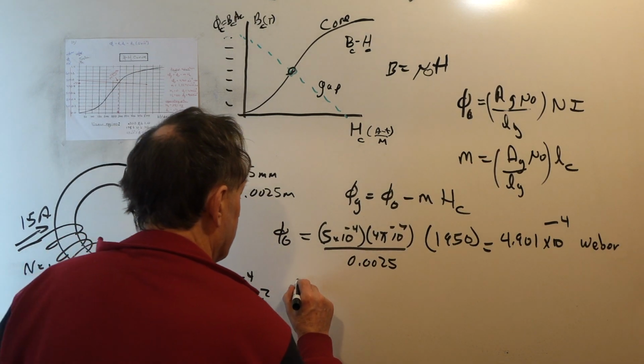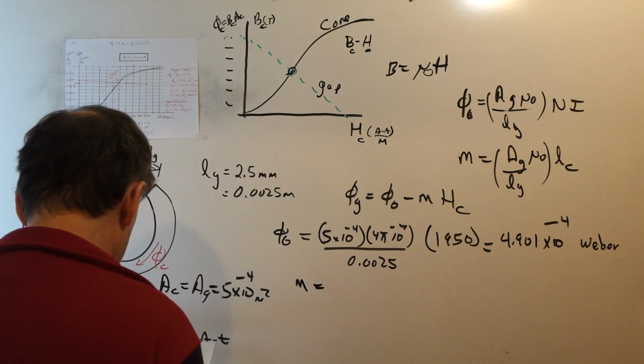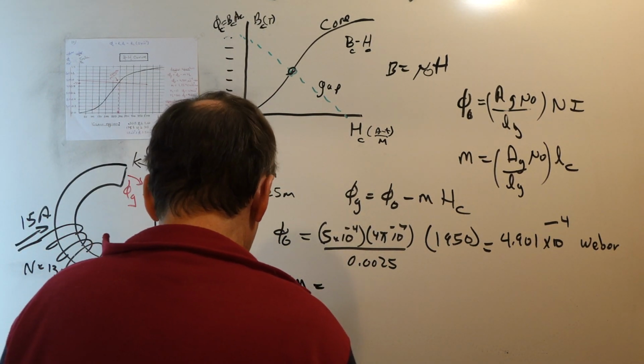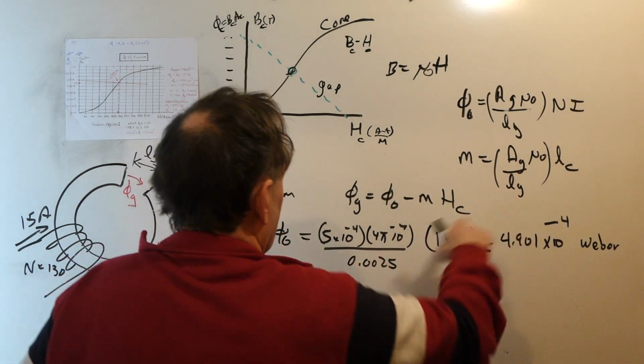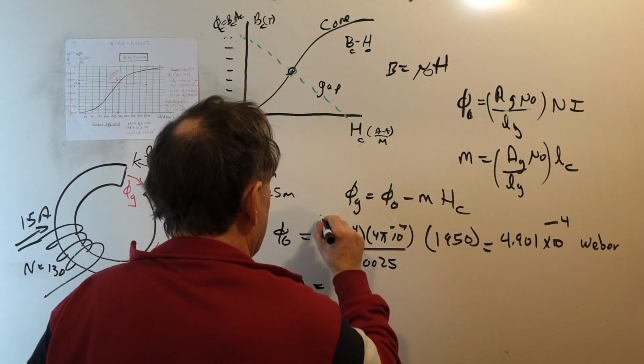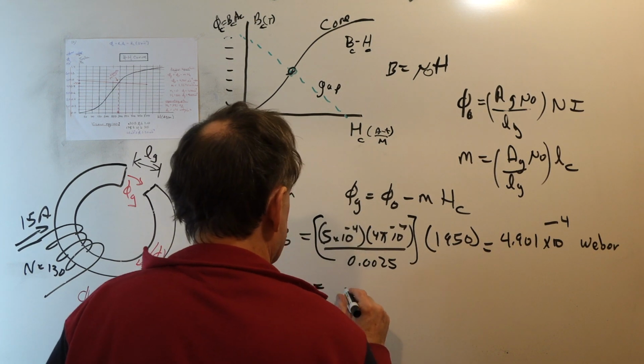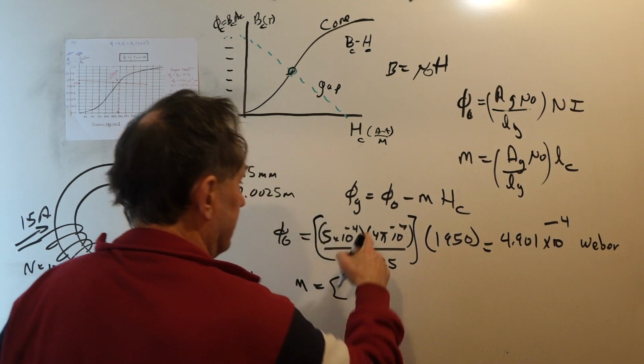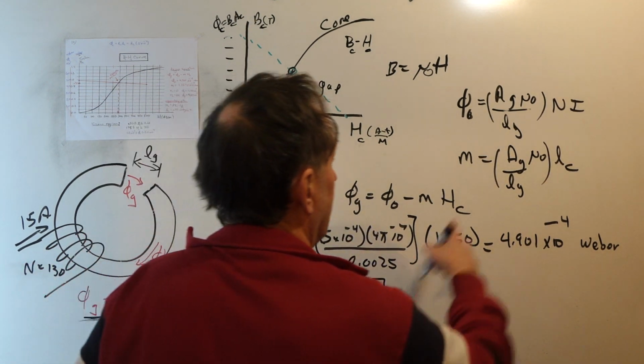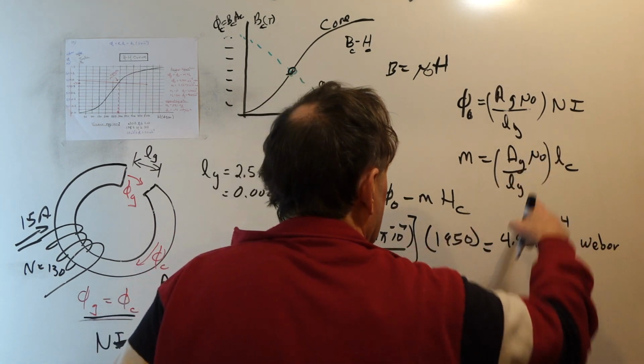How about m, the slope? m will be this value here. That is this value times the length of the core.